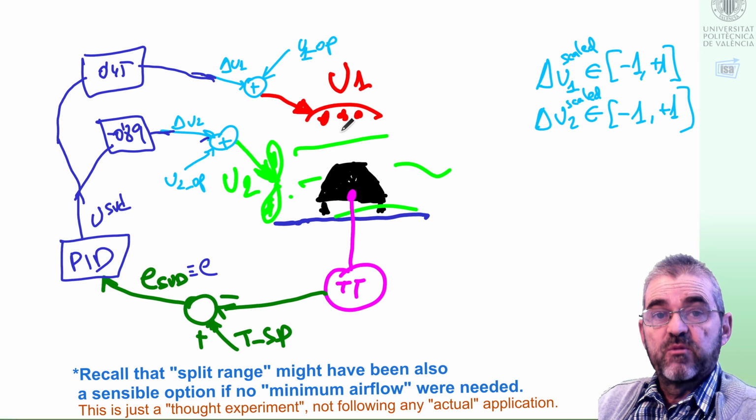So if my operating point of one of the actuators is at its extreme, then the common sense strategy would be the split range. My PID controller could be even an on-off controller, heating, cooling, split range, in the sense that, okay, if temperature set point is above my measurement, just switch resistor on.